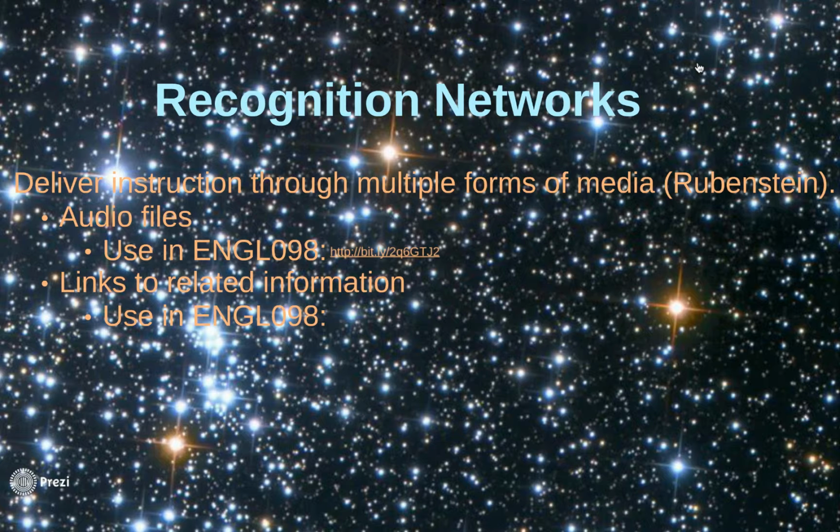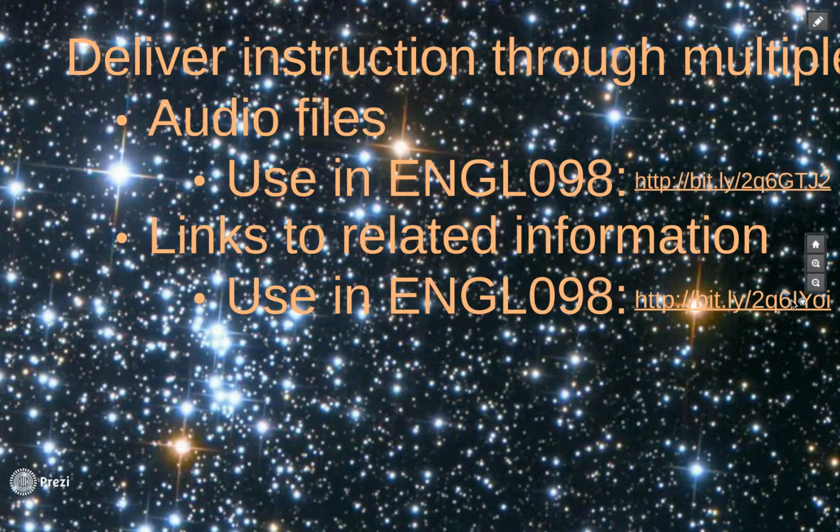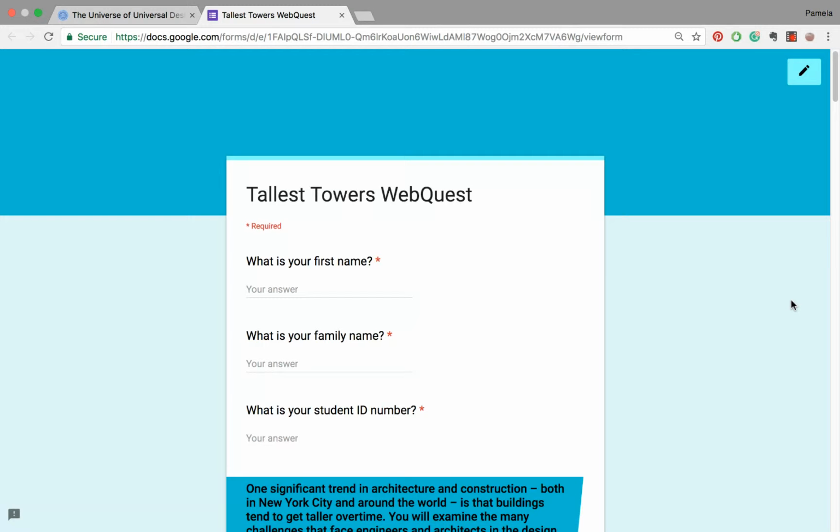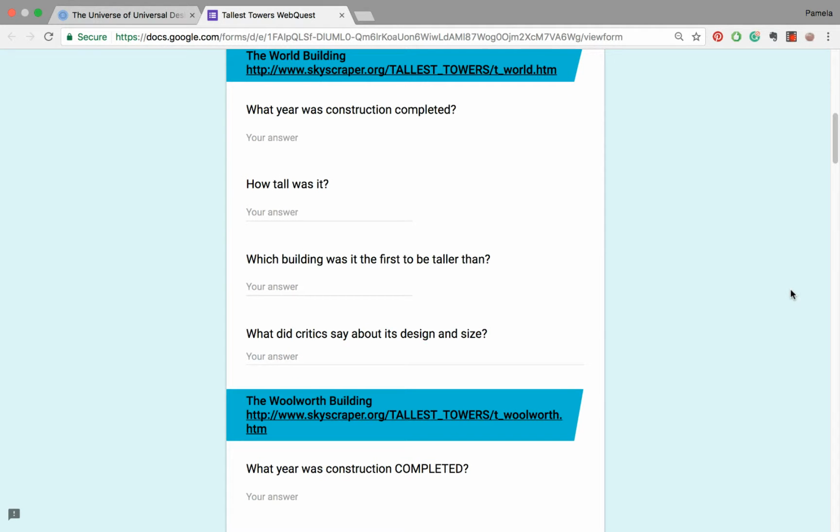And I try to make these available as often as possible, simply so that the students can have resources to them. One example of how I do this is when we have tasks and forms to complete. If there is information that they can get from another site, another source, I make that link available to them.